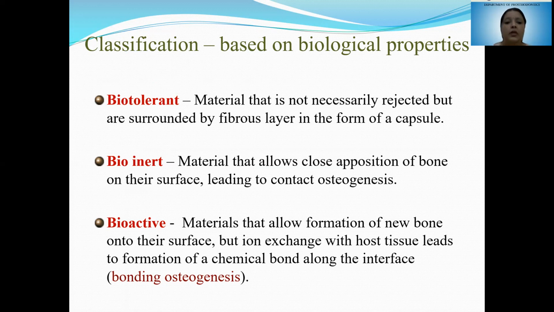Bioactive materials are materials which allow formation of new bone on their surface, and they have an ion exchange with the host tissue, and a chemical bond forms at the interface. This is also called bonding osteogenesis. This rapidly promotes osseointegration and is a most desirable property in implant biomaterials.